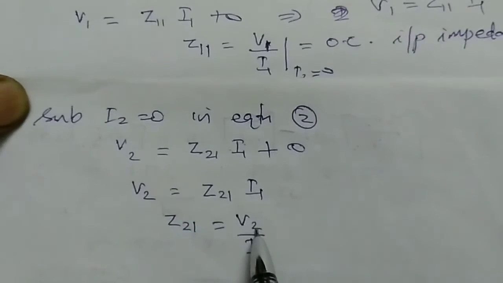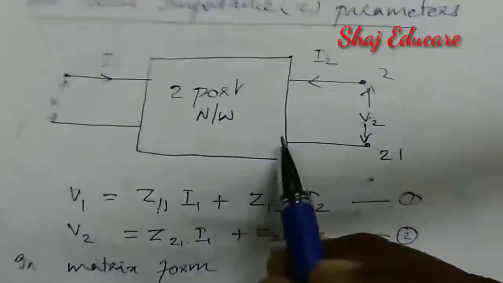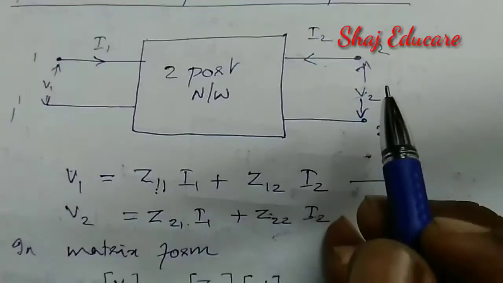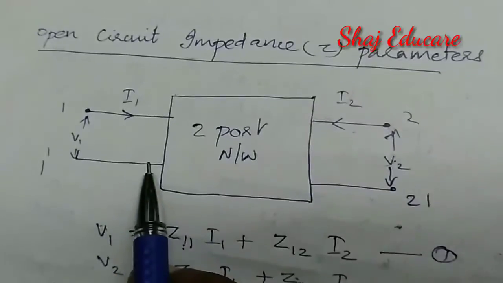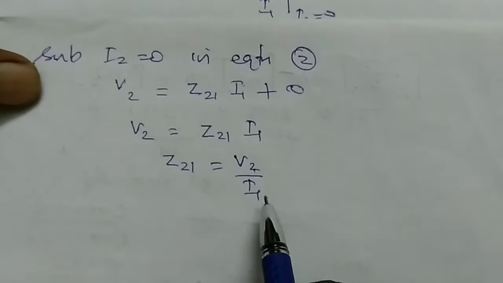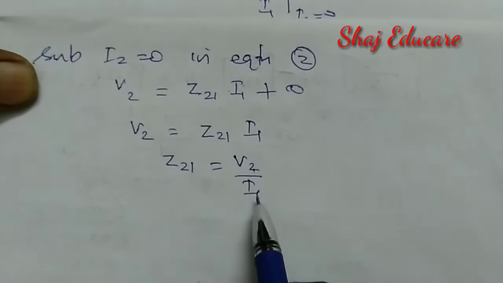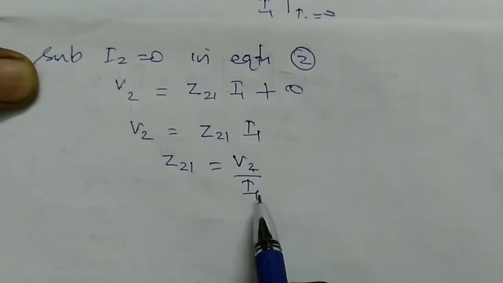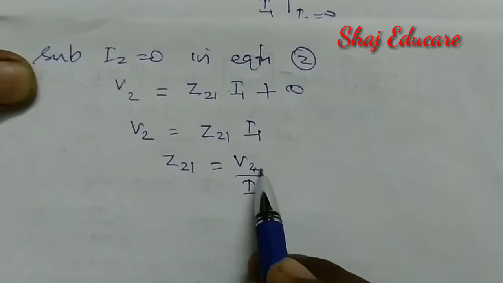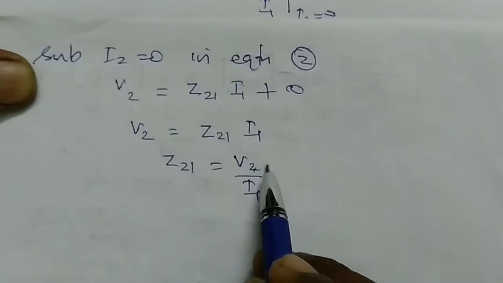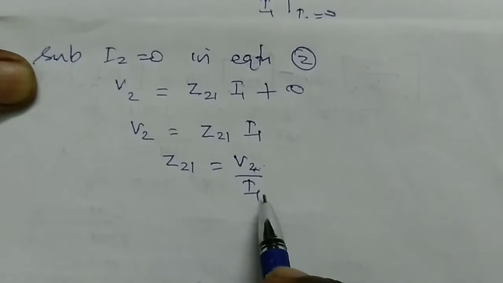What about this term V2? That is the expression for output voltage. What about I1? That is the input current. Output voltage by input current. Simply, voltage by current is known as impedance. Here V2 is regarding the output port and I1 represents the input port.